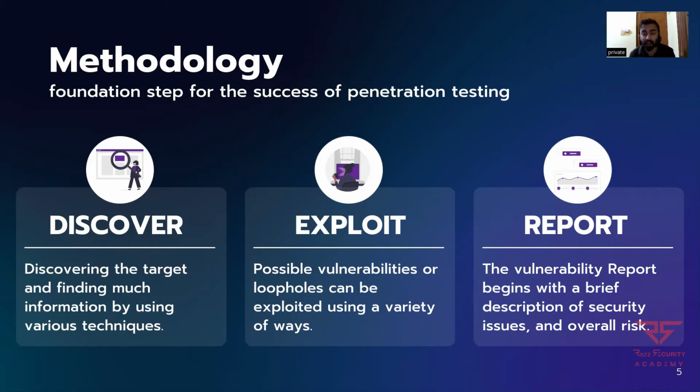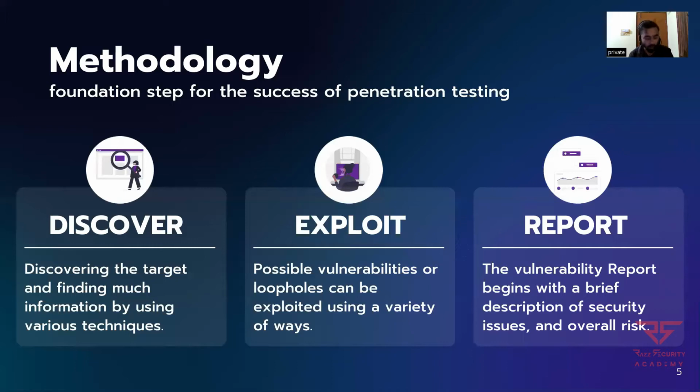Where you have discovered the vulnerability, you have to give certain parameters, or where you attacked and got this vulnerability. So you have to describe everything briefly. Okay. So that is the methodology you have to follow. But these are the three important things: discover, exploit, and report.